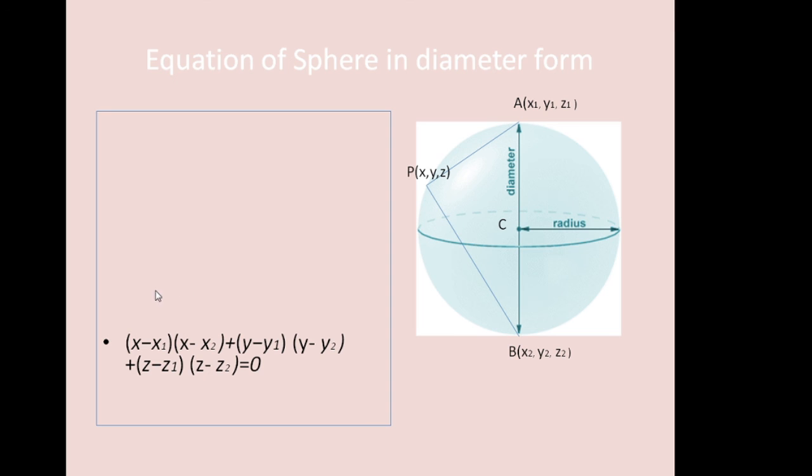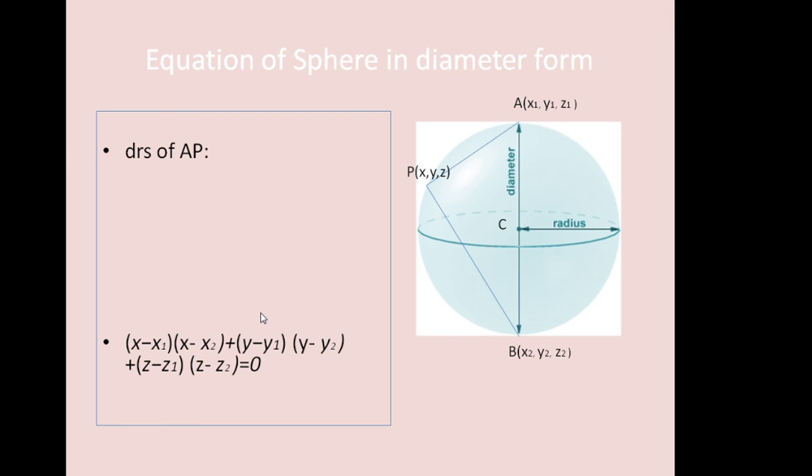So actually this is the equation of sphere in diameter form: (x minus x1) into (x minus x2) plus (y minus y1) into (y minus y2) plus (z minus z1) into (z minus z2) equals 0.